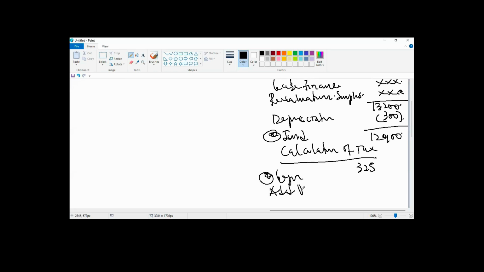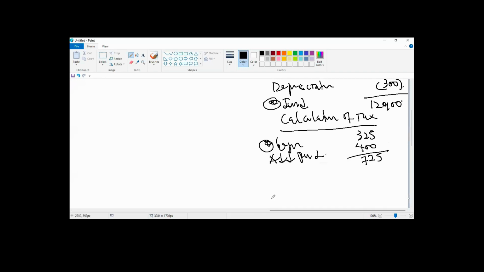Add the P&L. What is the tax in the P&L? 400. At the end, what is the tax payable? 540.